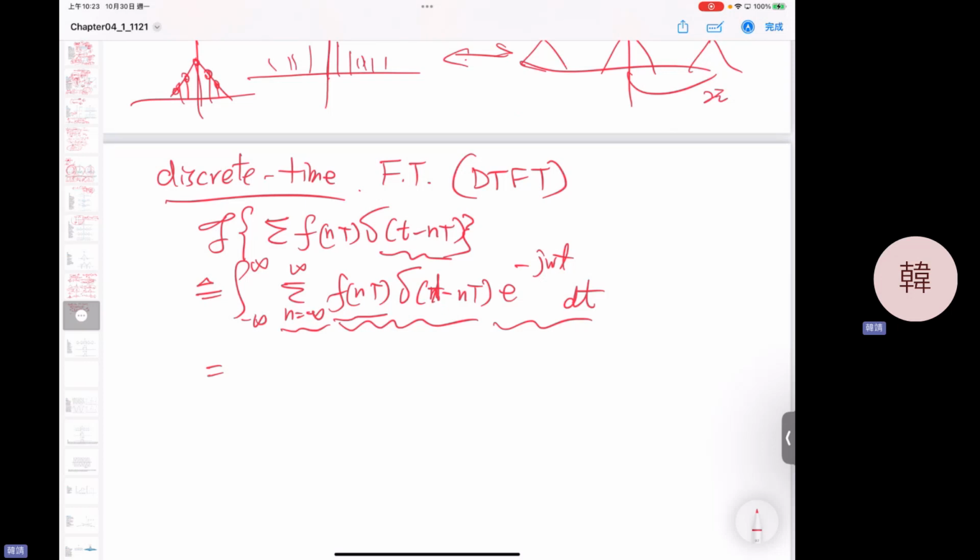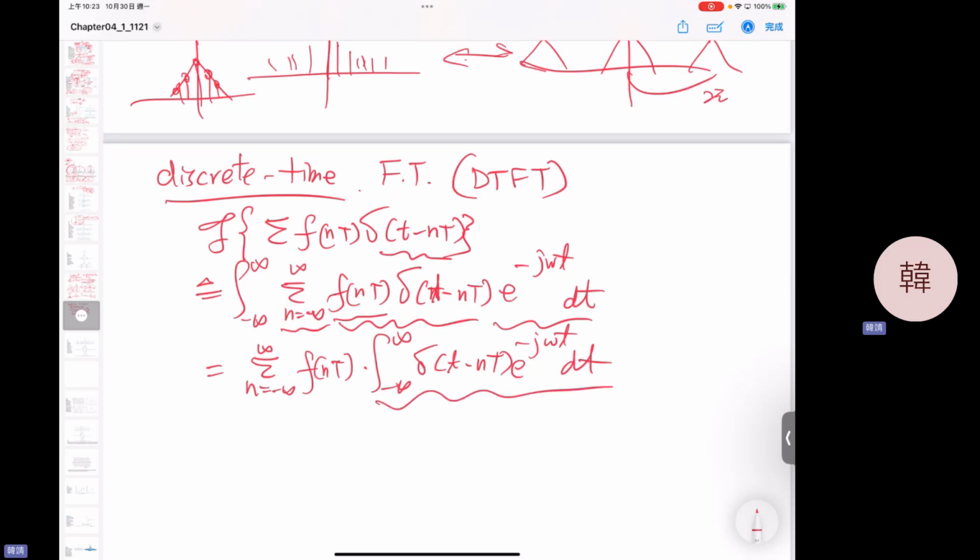So you can take this one out, and f of nT here, and then multiply this one. Right? So what's this integration result? Every function multiplied by a delta function, and then take the integration. If the integration upper limit and lower limit contain this impulse, there will be a result. What's the result?